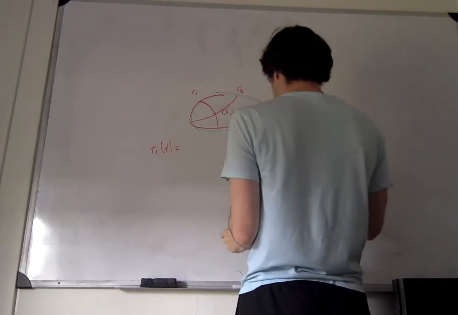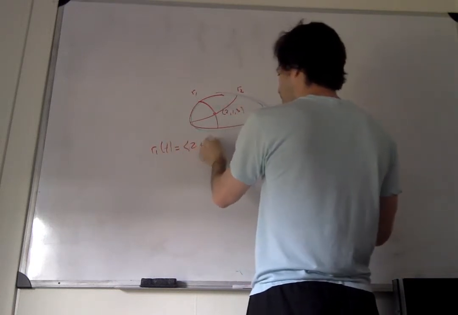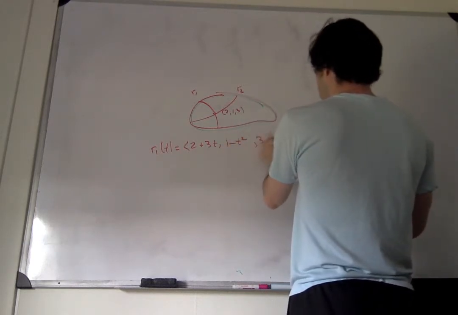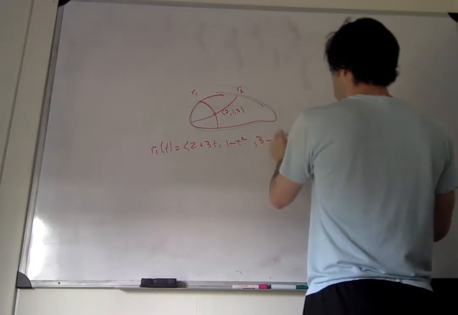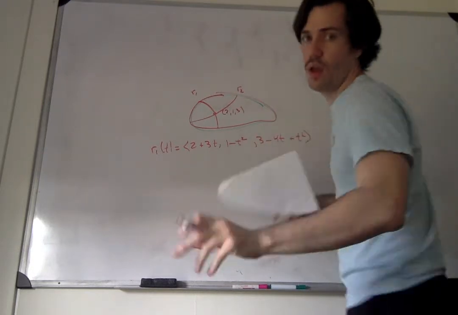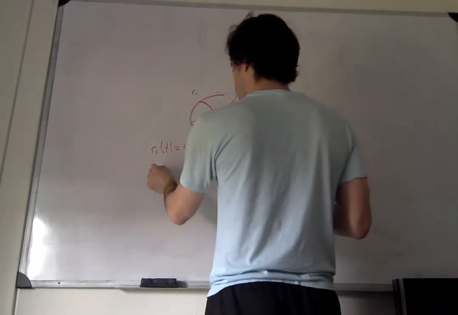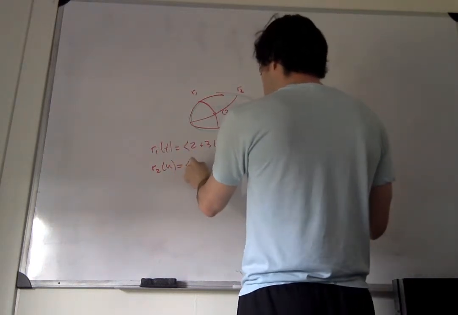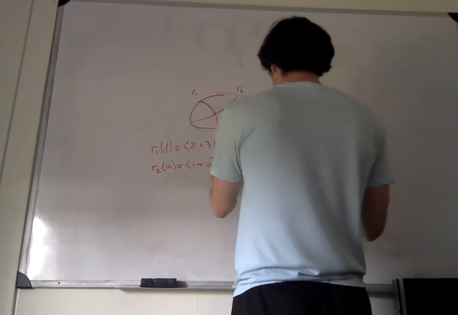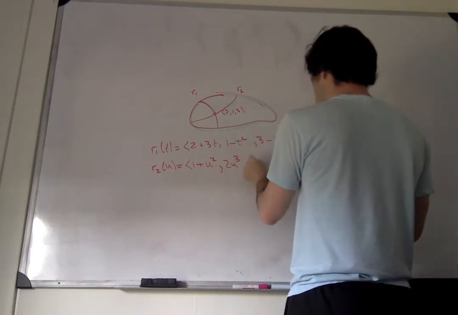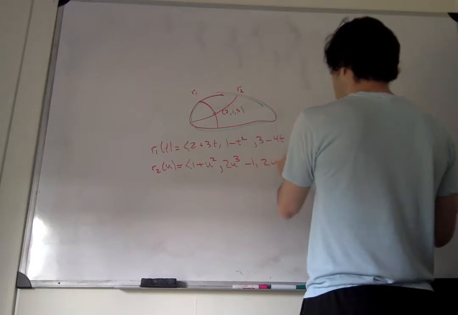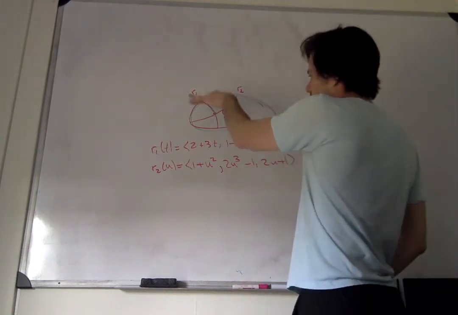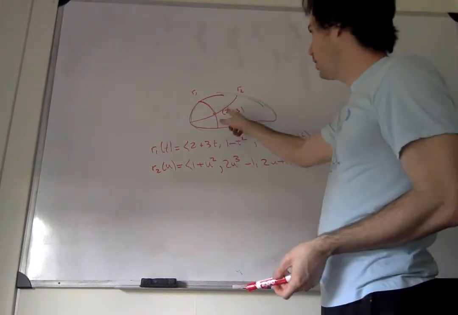R1 is equal to 2 plus 3t, 1 minus t squared, and 3 minus 4t plus t squared, while R2, I use the variable u for that, and that is 1 plus u squared, 2u cubed minus 1, 2u plus 1.